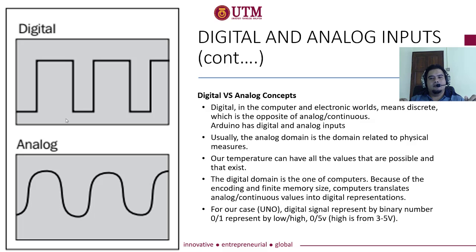Low represents 0 and high represents 1. In a digital electrical signal in general, 0 is 0 volts, but 1 is represented by 5 volts. So let's say this is a digital signal, normally this is 0, this is 5 volts, so 5 volts represents 1. Of course the CPU will translate it as 1.